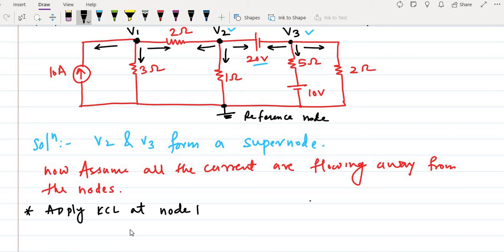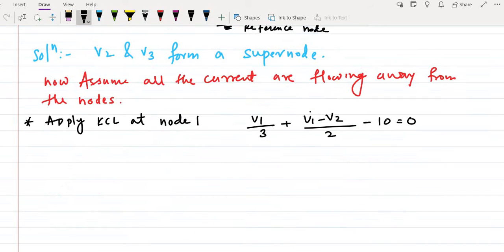Now apply KCL at node 1. So what is the KCL at node 1? V1 by 3 plus (V1 minus V2) by 2 minus 10 equal to 0, since this 10 ampere is flowing opposite to the assumed current. If you solve it, V1 by 3 plus (V1 minus V2) by 2 equals 10.